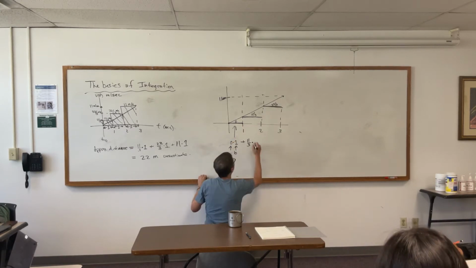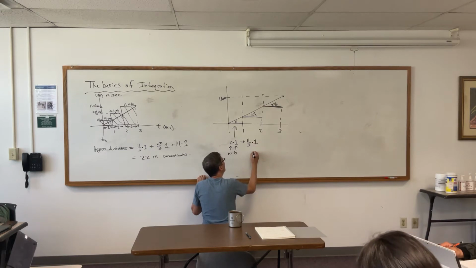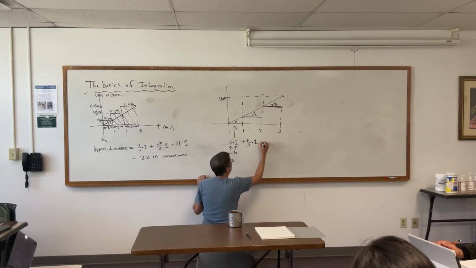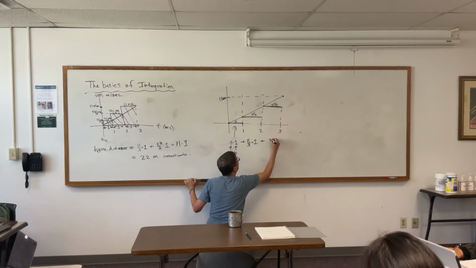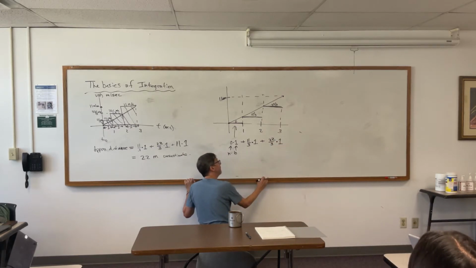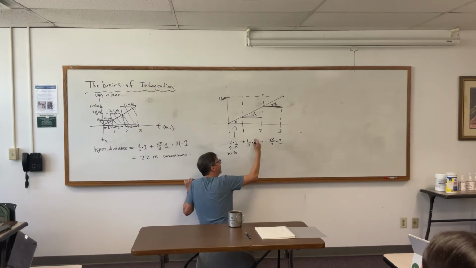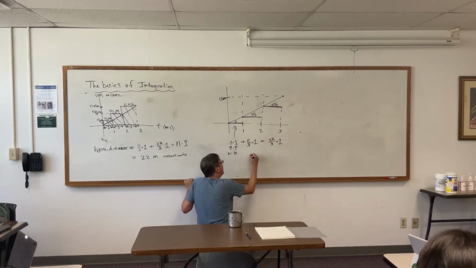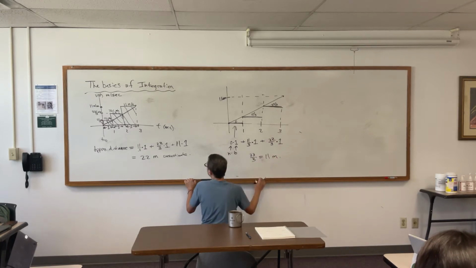Height times base here is 11/3 times 1. And then here, height times base is 22/3 times 1. And Olivia just added those up. It's 11/3 plus 22/3, it's 33 thirds. It's 11 meters.